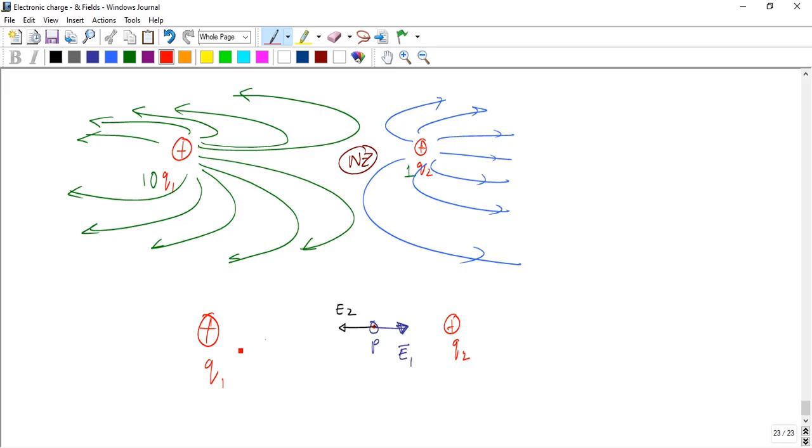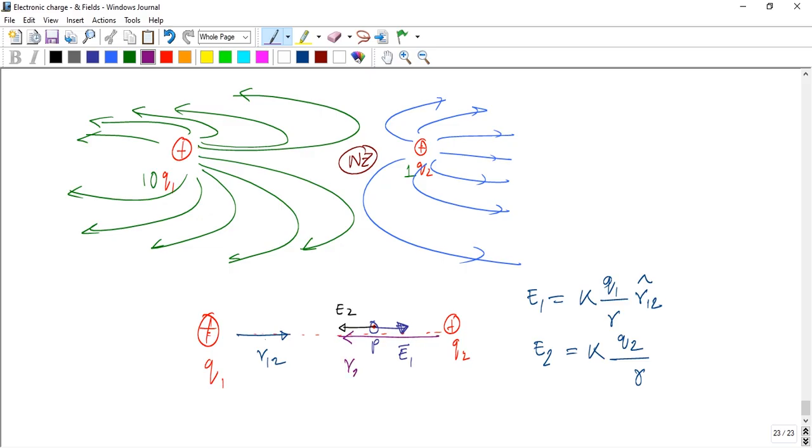The distance is R in both cases. So E1 is equal to K Q1 by R squared times the displacement unit vector R12 cap, and E2 is K Q2 by R squared in the direction R21 cap.